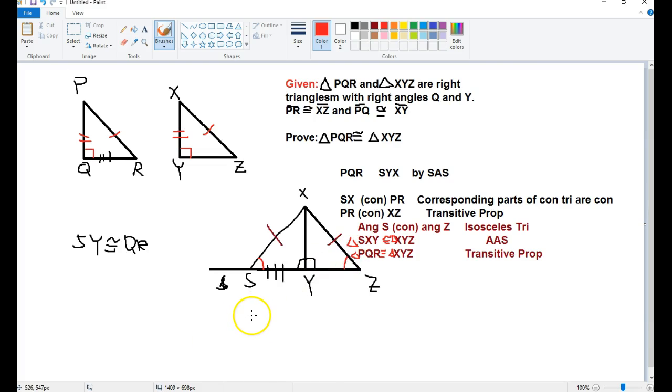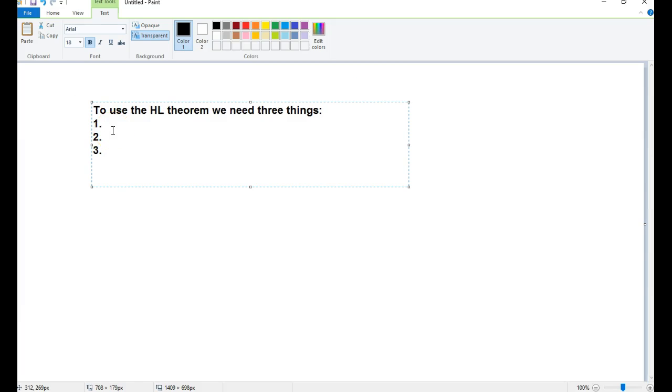Alright, going into some basic things about right triangles. To use the hypotenuse leg theorem, HL theorem, we need to have three things. First, we need right triangles. If you don't have right triangles, you can't use this, especially we need two right triangles. Next, we need the triangles to have congruent hypotenuses.